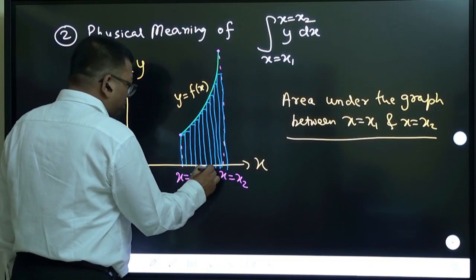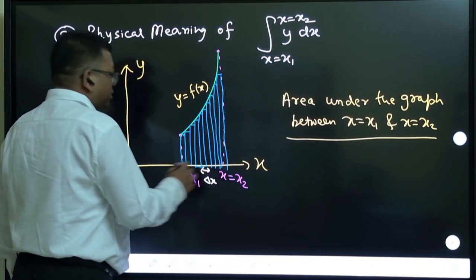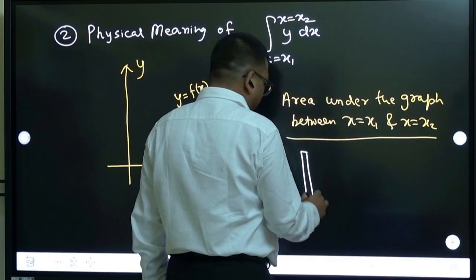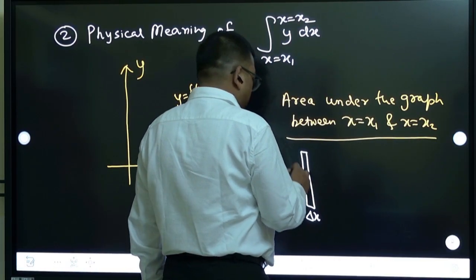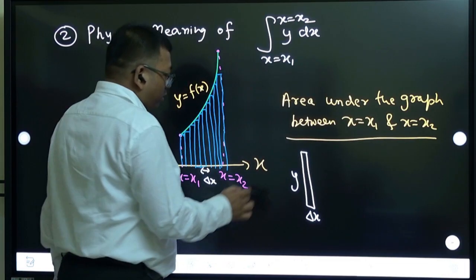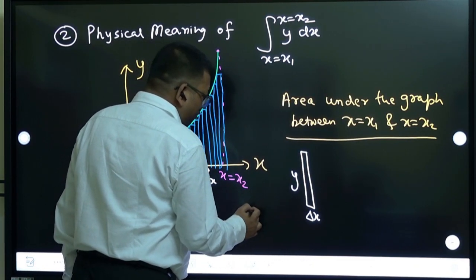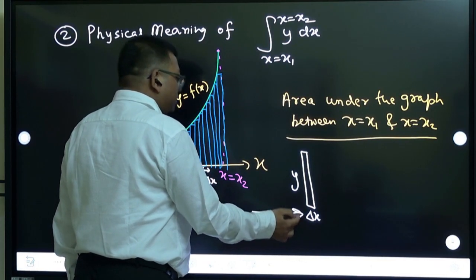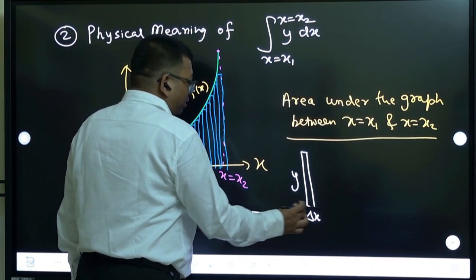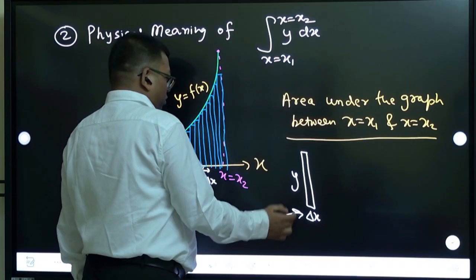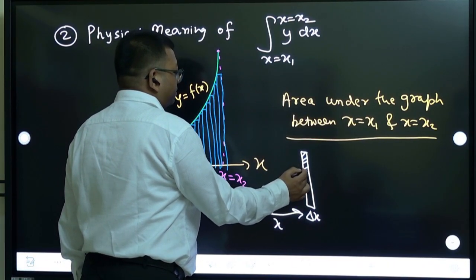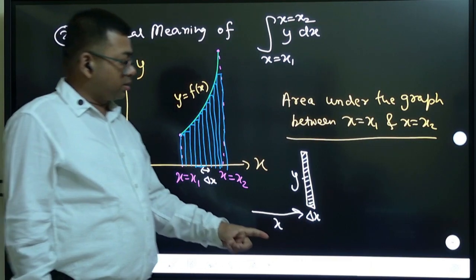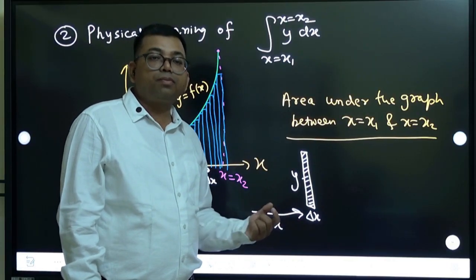So each width is delta x. If you focus on each one, it is almost like a rectangle of width delta x, and let us say this is y. Let us consider this is the element whose position from the origin is x, and at that value of x there is a value of y, and delta x is the change in x. So this is the strip you are taking. As you change x, the position of this strip will be different.